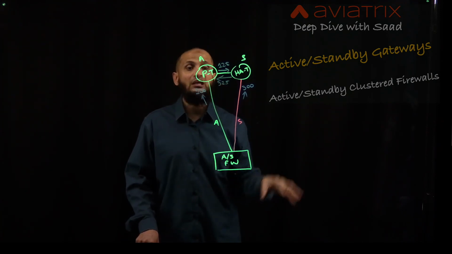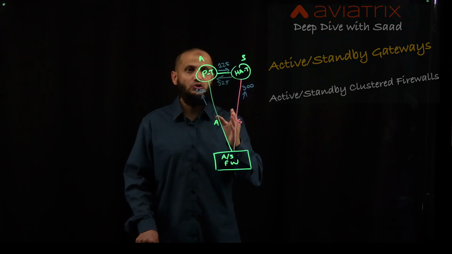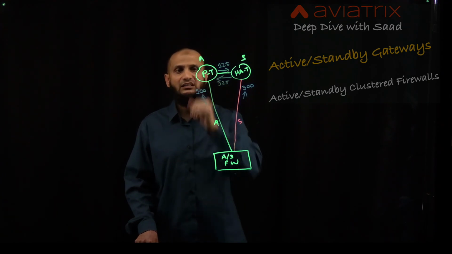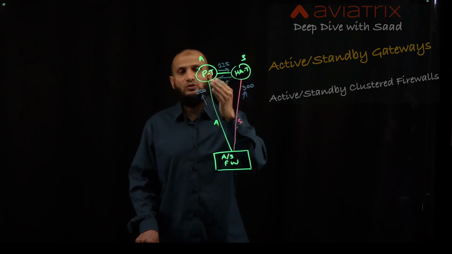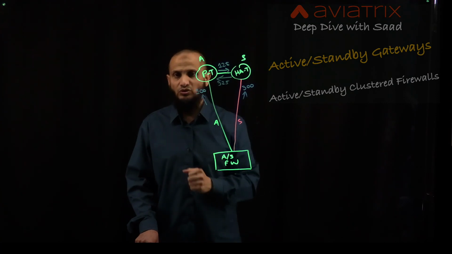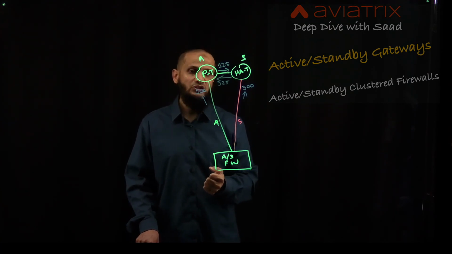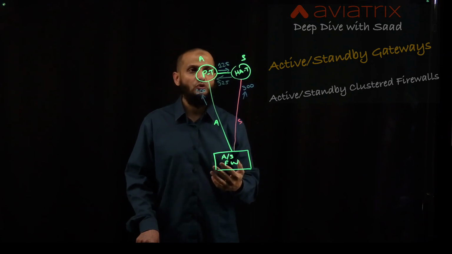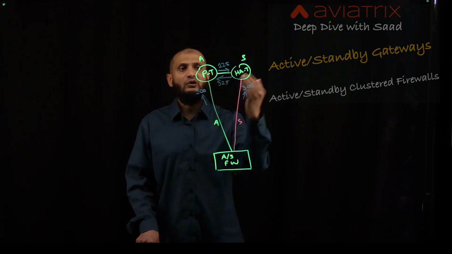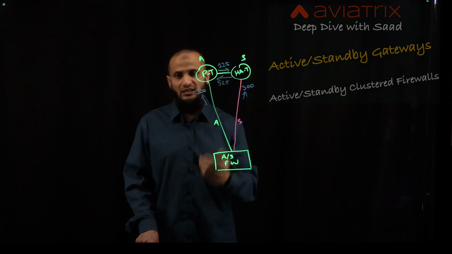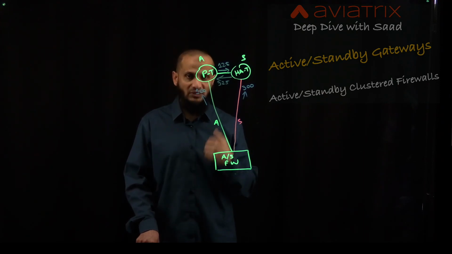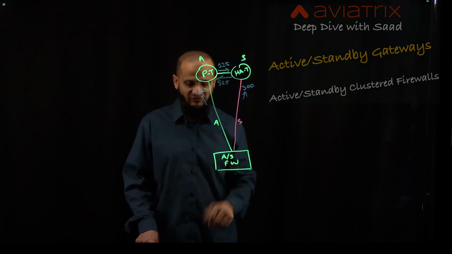Now if you want to switch your active gateway from HA back to the primary, you still have an option. There is a knob available in the controller which is going to let you manually switch your active from HA over to the primary. It's up to you at this point, but again, remember, this is a disruptive process.